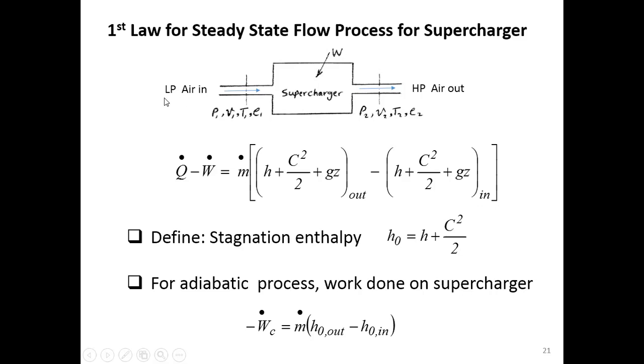So we have a low pressure air flow in, and we also have a high pressure air flow out. So we have all the properties of the air that flows in and flows out, such as the pressure, the specific volume, the temperature, and the internal energies.